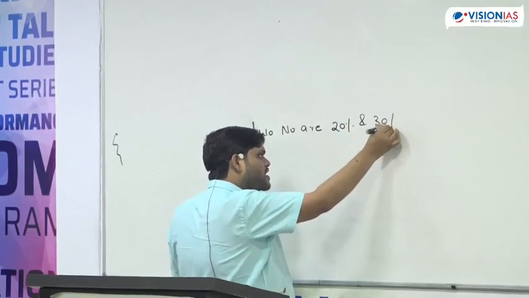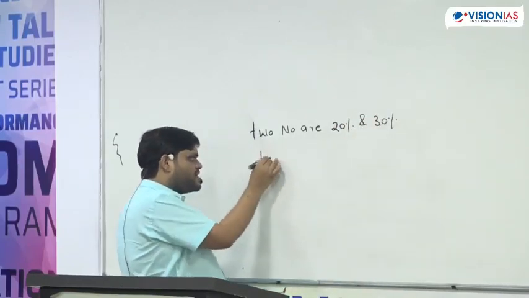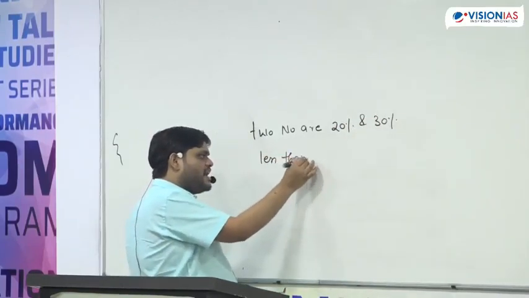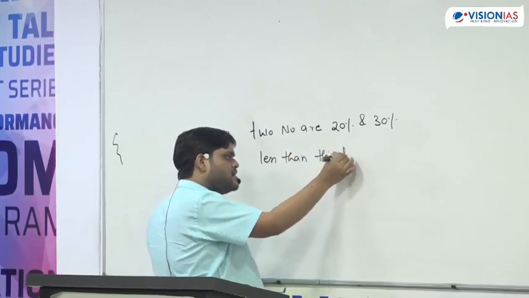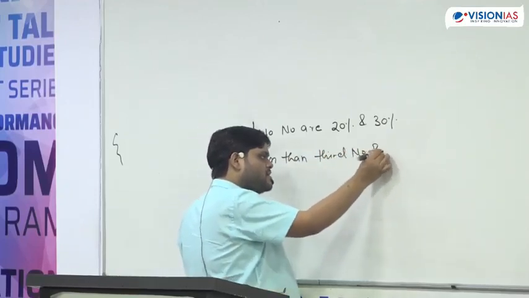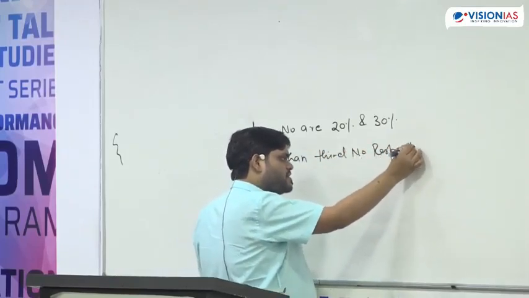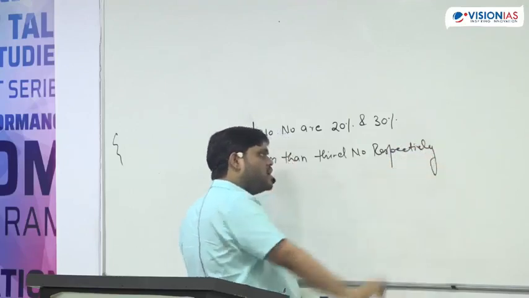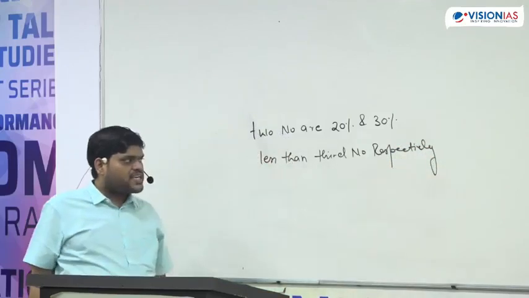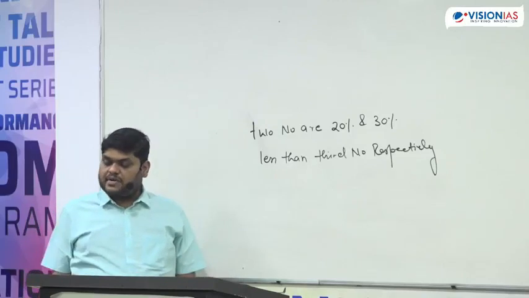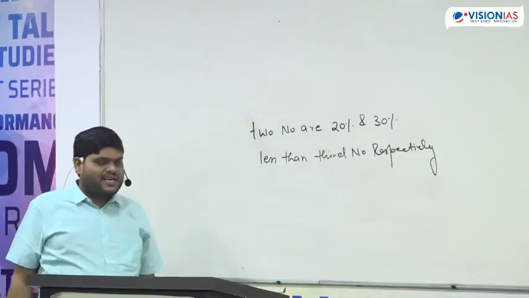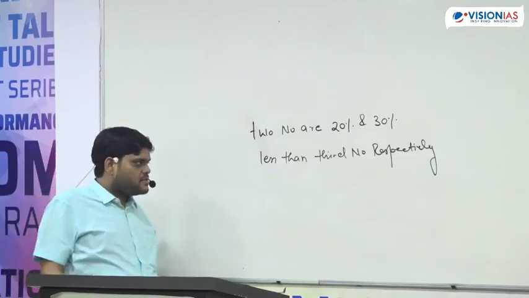Two numbers are 20% and 30% less than third number respectively.